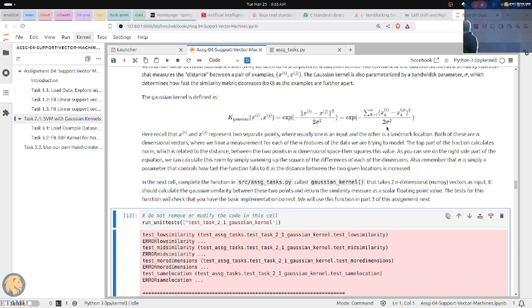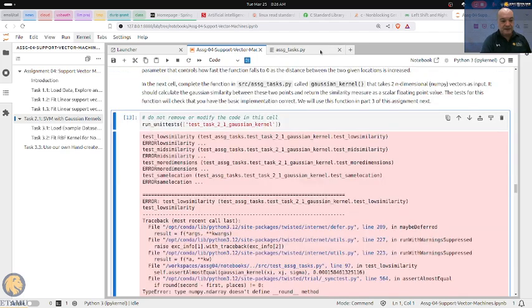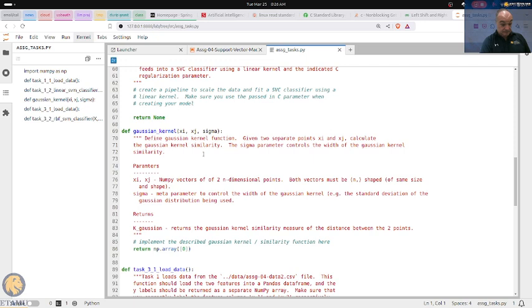In this one, you are supposed to parameterize this using the sigma parameter. If you look at the function for this, you're supposed to be passing in two vectors, and sigma is more like a metaparameter, which controls that width.